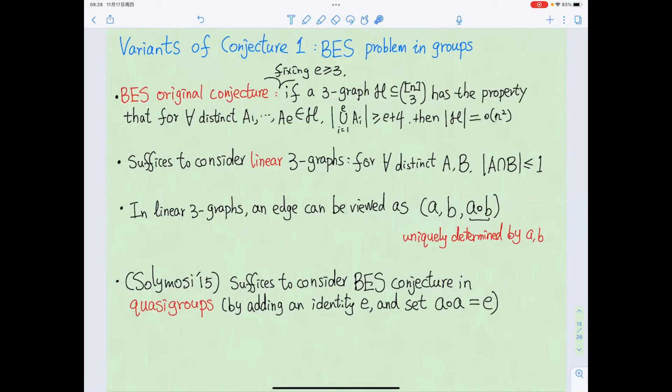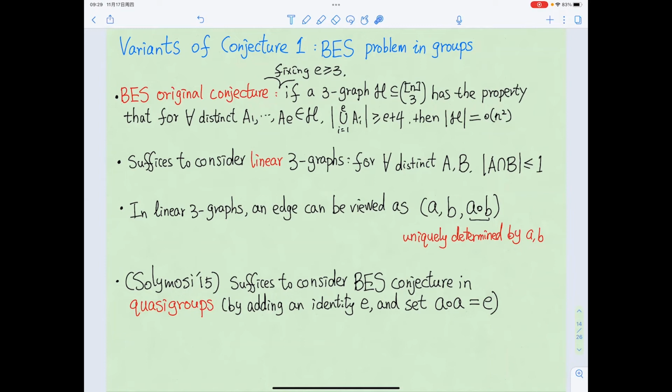There are some variants of Conjecture 1 which are also interesting. The original BES conjecture asks: if a 3-graph has the property that the union of any e distinct edges has at least e plus 4 vertices, then the number of edges in this graph is little o of n squared.